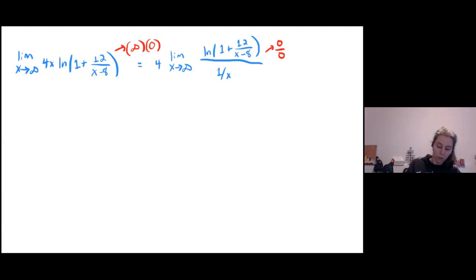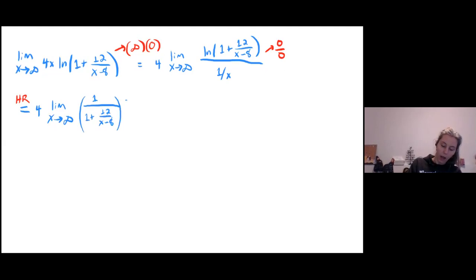So I'm going to use L'Hopital's rule and take the derivative of the top and the derivative of the bottom to get 4, the limit as x approaches infinity of 1 over 1 plus 12 over x minus 8.